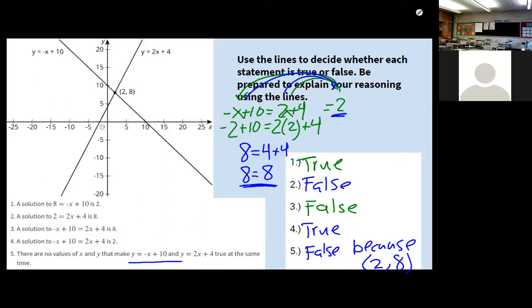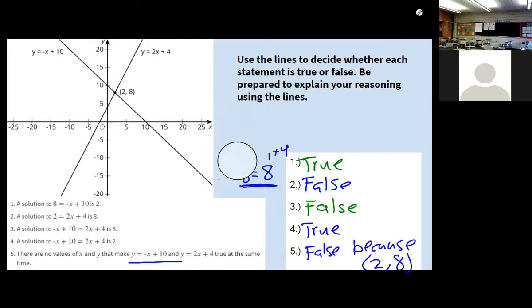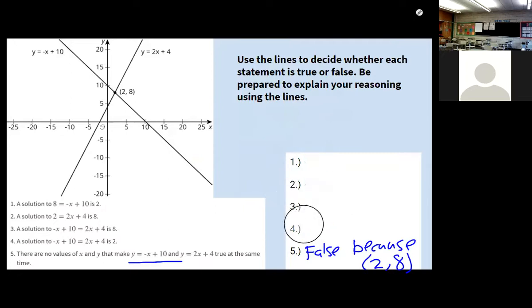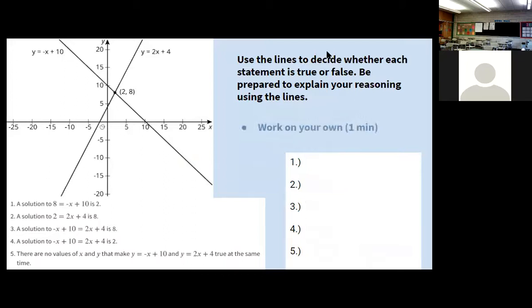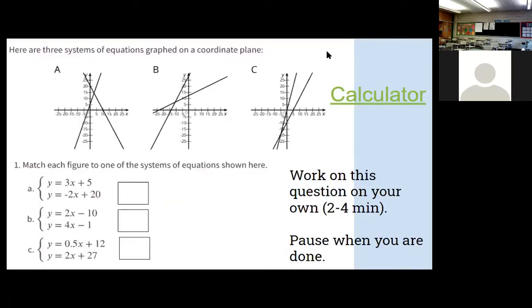Fantastic. Let's take a look at the next piece of this. Here we go. We're matching some systems of equations. So here we have 3 systems of equations, A, B, C, and they are graphed on a coordinate plane.